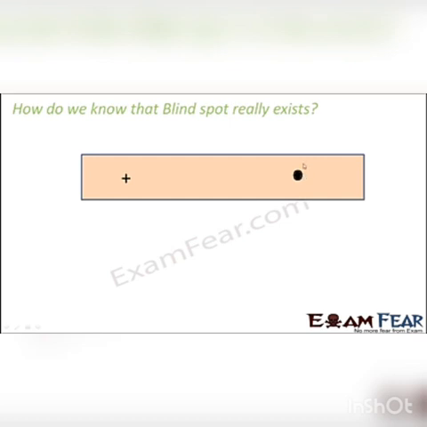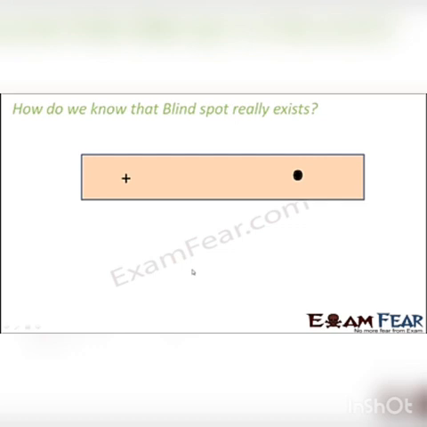Now you close your right eye and try to focus on the dot. By closing your right eye, you are looking constantly at the dot. Please remember that you are going to close your right eye.